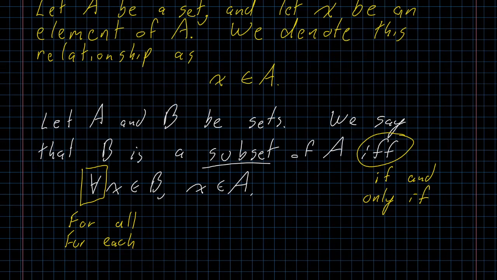Understanding how to look at these symbols and read them in spoken language is in and of itself an important part of this lesson. If and only if for each element X in B, that X is also an element of A. Several different ways you could approach that, but the context, the meaning should be the same and should start to become apparent to you.